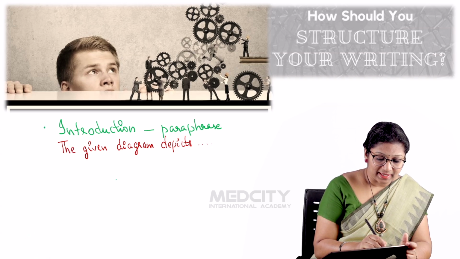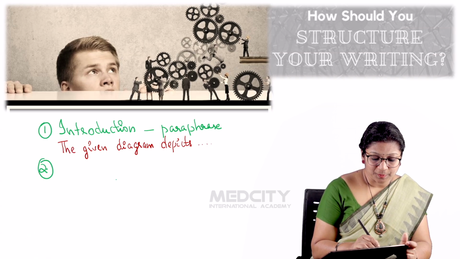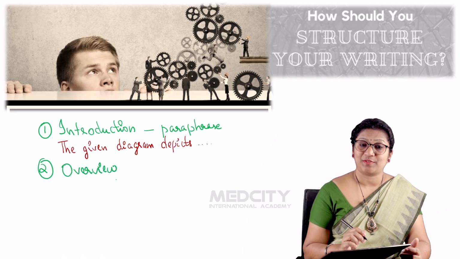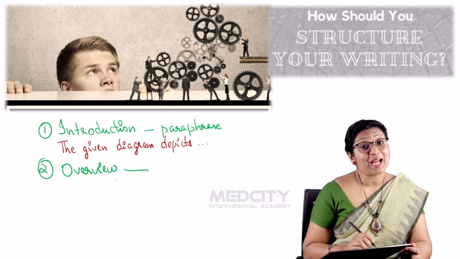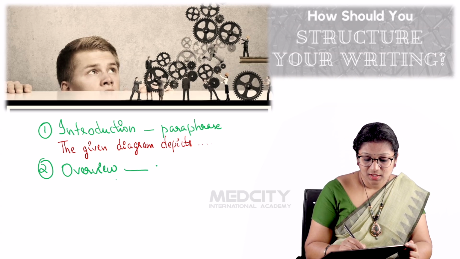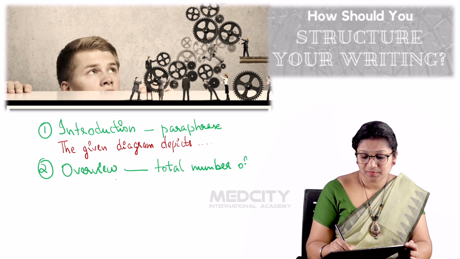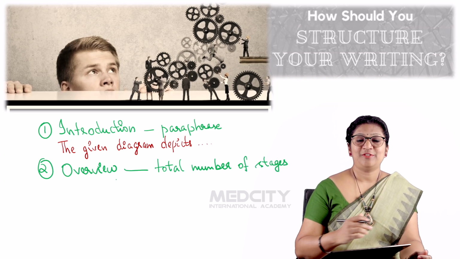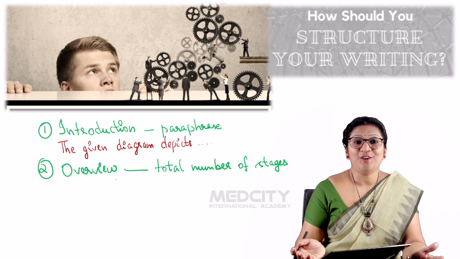The second paragraph will be the overview. So I need to write down what the main aspects are of the question here. And for that, because it's a process diagram, I focus on the total number of stages. How many stages can be seen in the production of a fish pie or in the production of fresh orange juice?